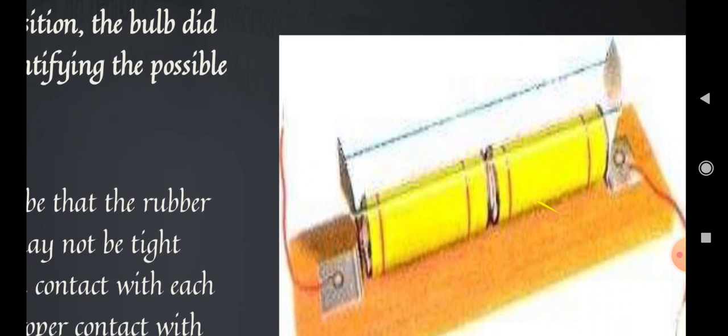Okay, so let's observe the circuit. For the circuit, she is going to use this cell holder. Now this cell holder has a rubber band over here, so that both cells can easily be in direct contact with each other. But still, the bulb is not glowing with this cell holder.